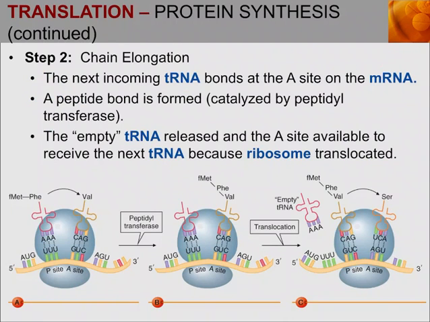Okay, so now step 2, chain elongation. So now we're going to create our protein. And we're specifically creating that linear sequence of amino acids. All right, so we already talked about the P site. That's where we're initially going to start, but that P site actually is going to start moving down the chain. So this is where we're creating peptide bonds.